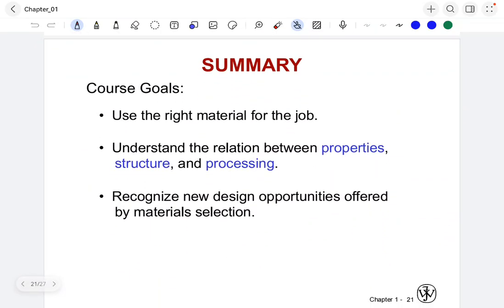We've come to the end of the summary, and just a very quick brief on the course goals, which are to use the right material for the job, understand the relation between properties, structure, and processing, and recognize new design opportunities offered by material selection.